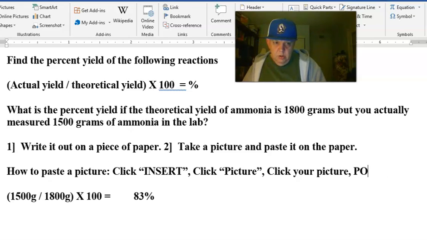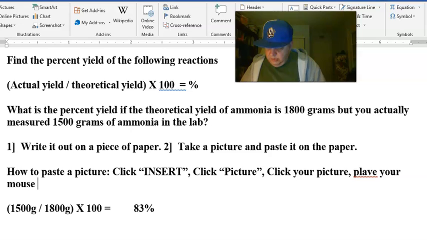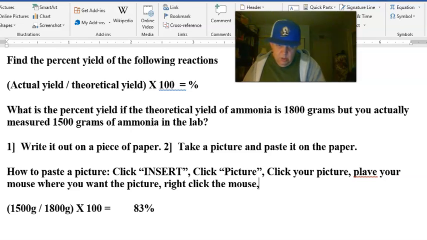Position: place your mouse where you want the picture. Right click the mouse.